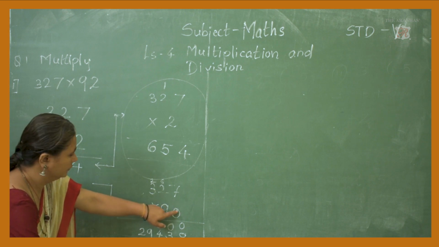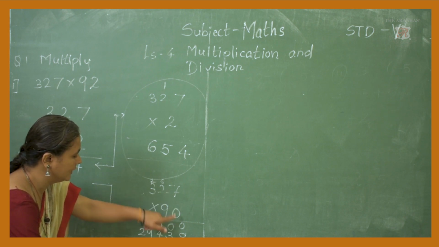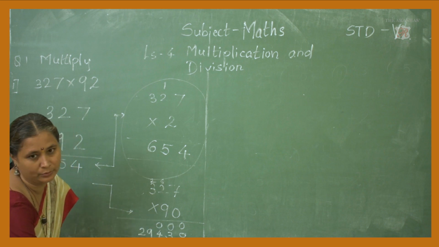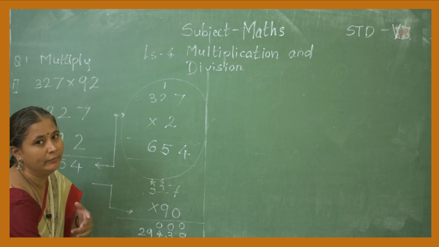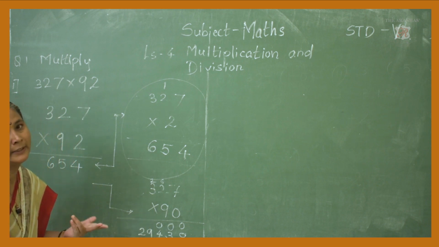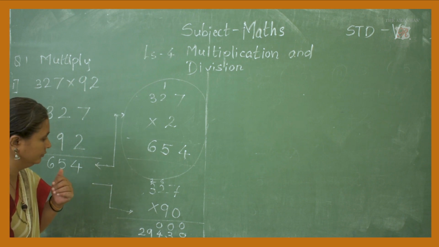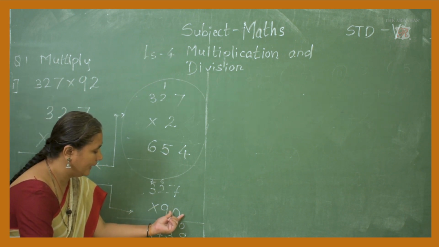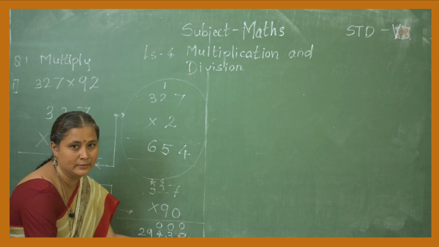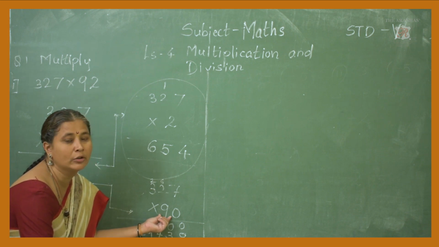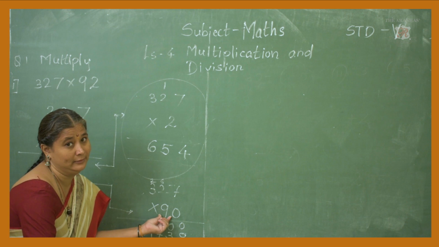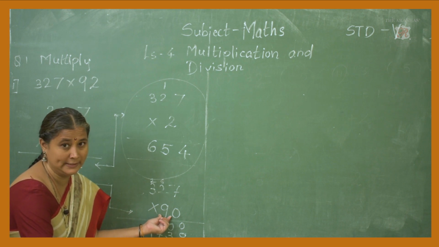Calculate by 0. 0 sevens are 0, 0 twos are 0, 0 threes are 0. Because we know that when we multiply any number by 0, we get the answer 0. Now we have to write 0 for the unit place, because here we are doing the calculation for 9 tens, because 9 is in the tens place, isn't it?